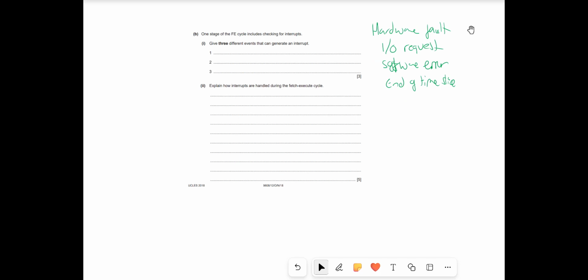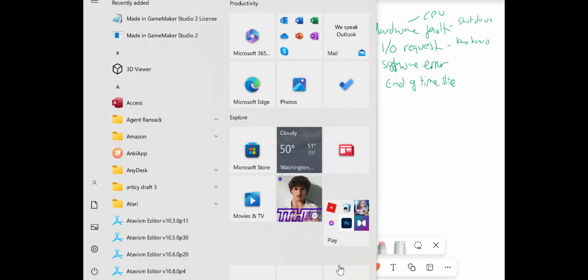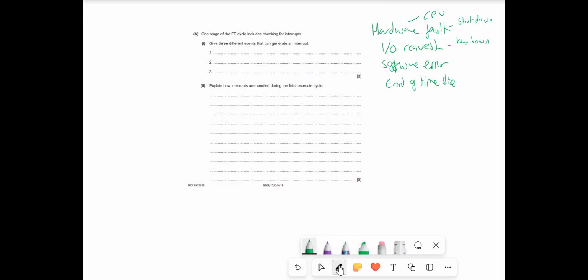A hardware fault could well be something as simple as your CPU overheating. It's got a sensor in it, and it'll tell the operating system to shut down, so your computer will shut down automatically. That basically creates an interrupt. An input-output request is me just pressing a key on my keyboard, like the start menu key, which has created an interrupt.